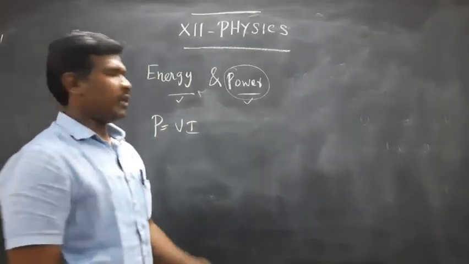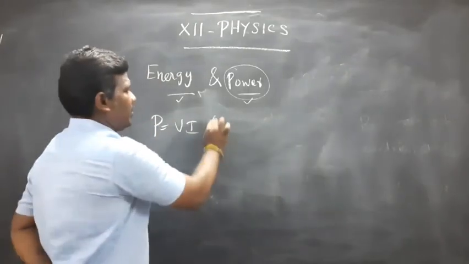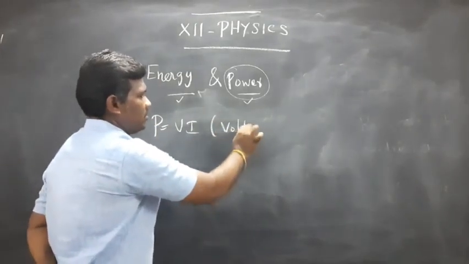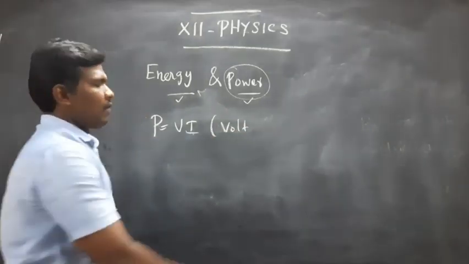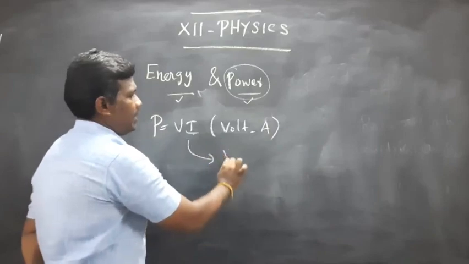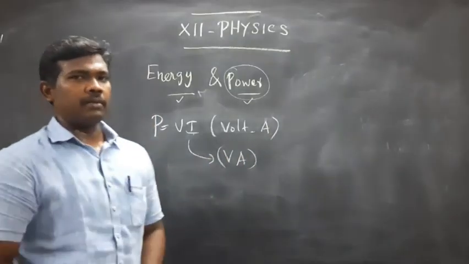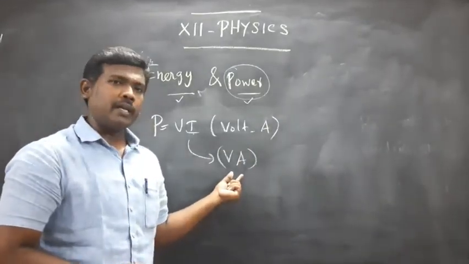So we can write the unit using this formula. For potential difference, we have the unit volts. For current, we have the unit ampere. So simply we can write the unit is volt ampere. This is one of the units, but not the SI unit.